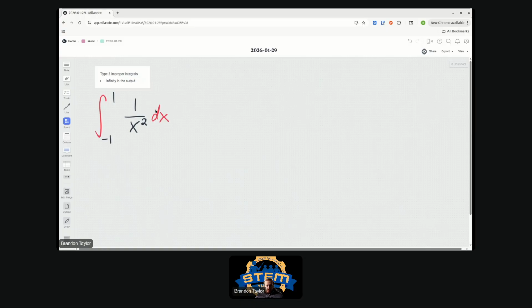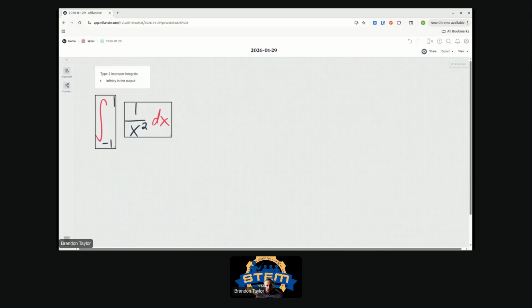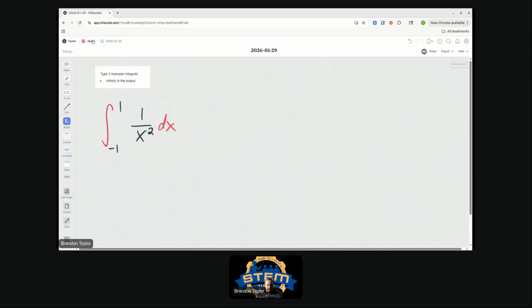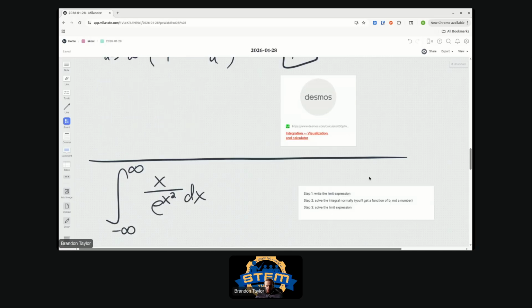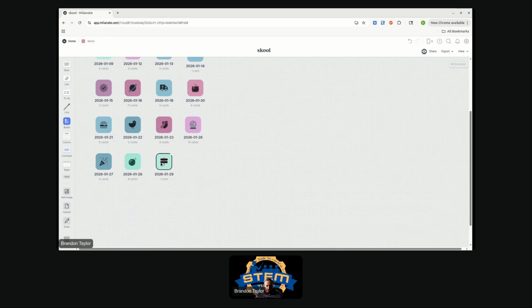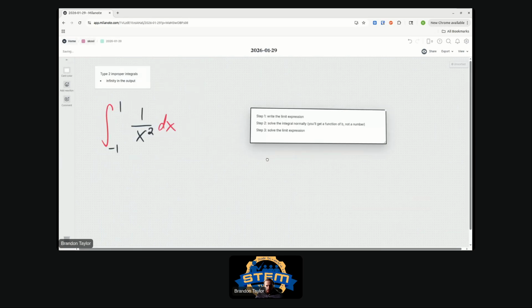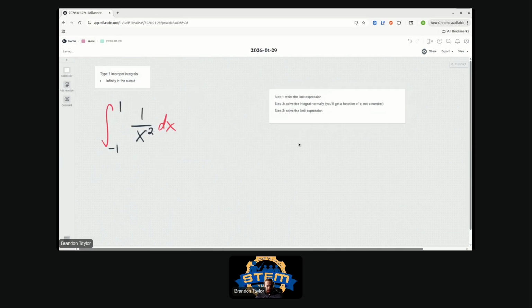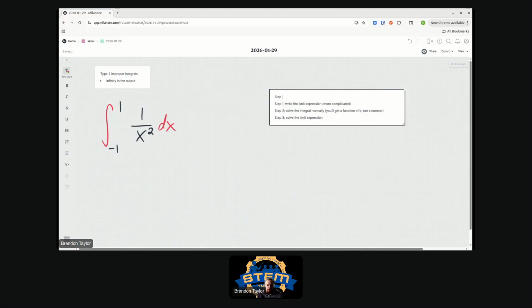So here, let's actually go over this today. So let's start with this problem. This is a good example. So the first thing, and actually, let me grab the process from yesterday. So this is actually the same process. That's the good news. This is the process for any improper integral. The difference is that this step is really more complicated. And you could argue there's actually a step 0 beforehand.